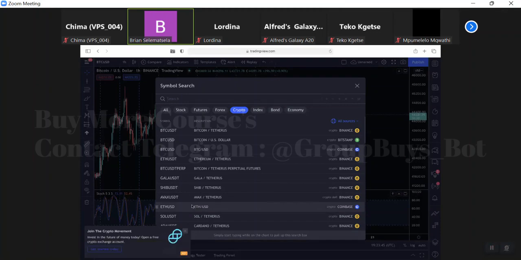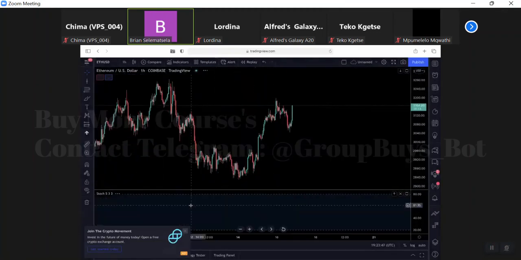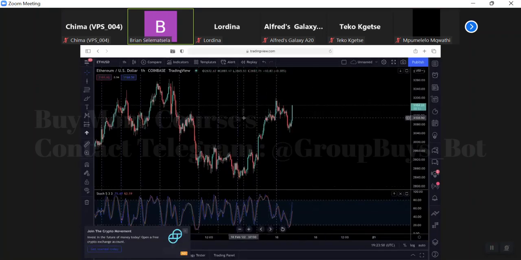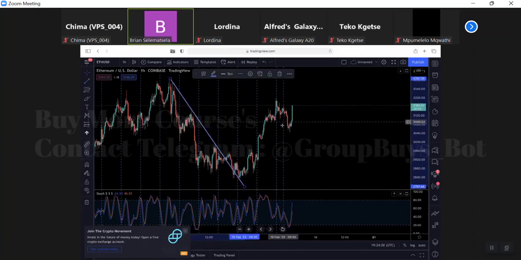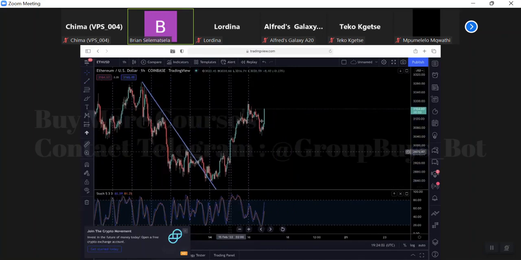Let's try the Ethereum. Ethereum moves the same as Bitcoin, so I don't see any difference there. So now it is still even going up because it makes sense.